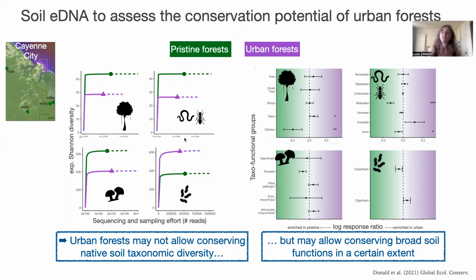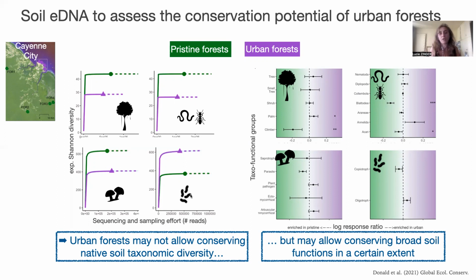And so you can see that we observe in general a decrease in diversity for a variety of groups in the soil in the urban forest, except for bacteria, but this is due to the fact that soils in urban forests are richer in nutrients and more enriched by bacteria that are strongly linked to anthropogenic activities.